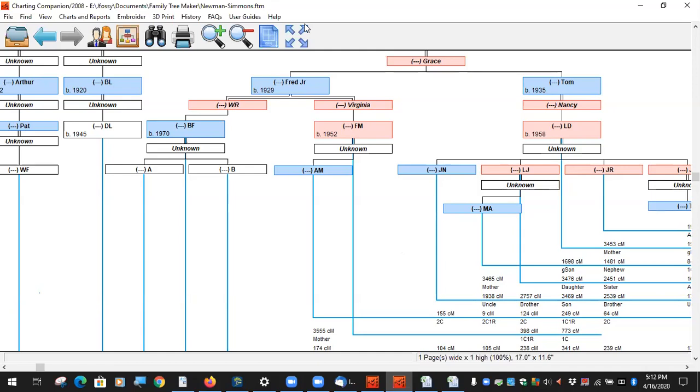So any other questions? No, that was a good demonstration for me, because I'm quite new to the whole Charting Companion. But I'm working on a situation now where I know there's this couple that is in the family tree of this person, but the person was adopted.